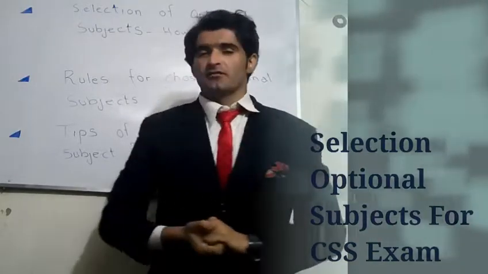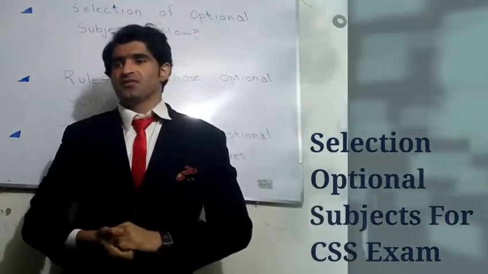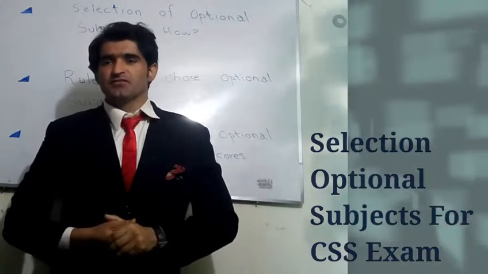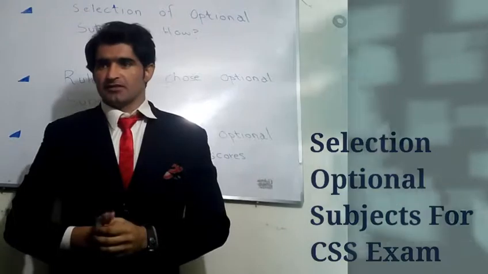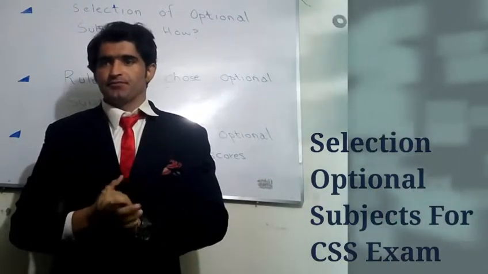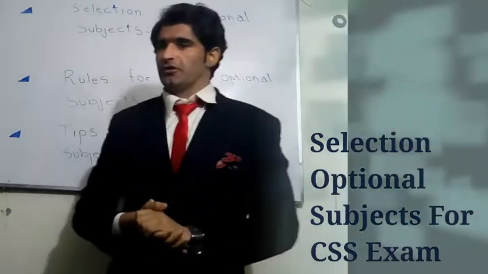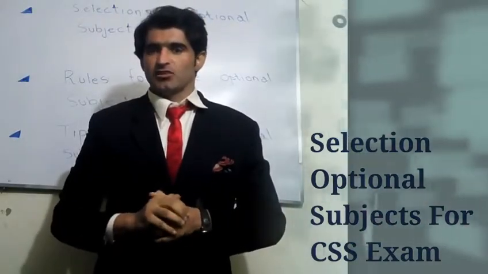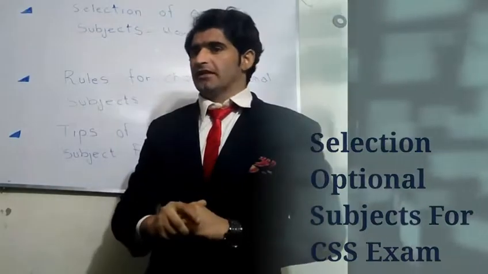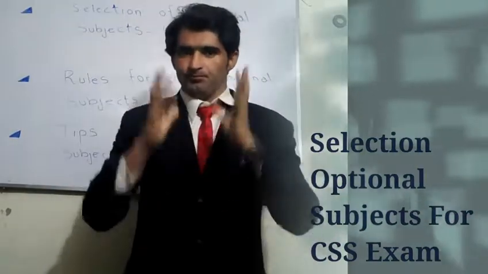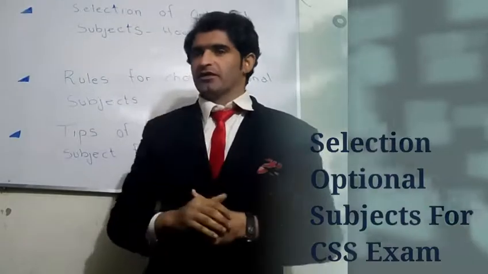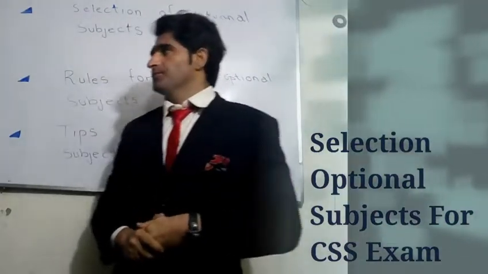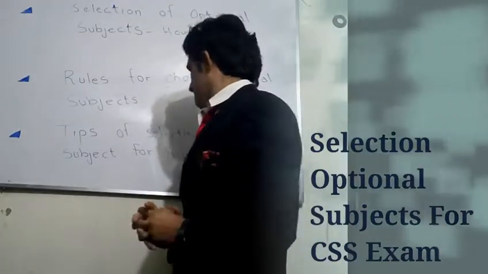If you select a 200 marks subject, like political science, that is okay too. You have to select 6 papers, 6 subjects, from the optional list given by the Federal Public Service Commission in the syllabus.